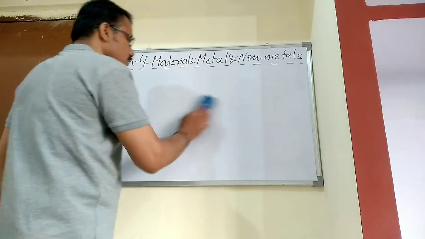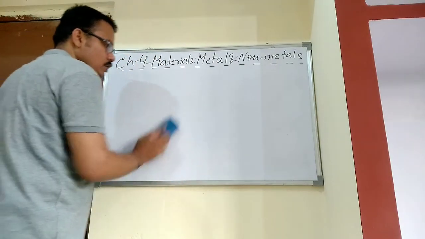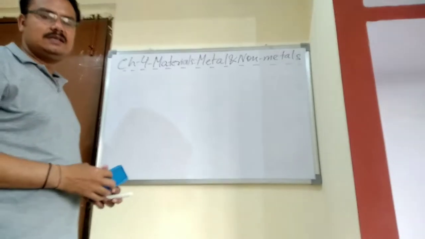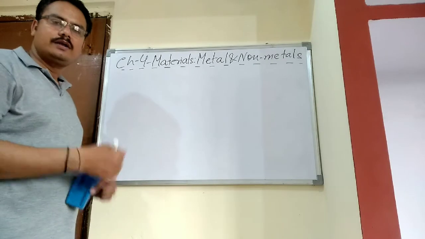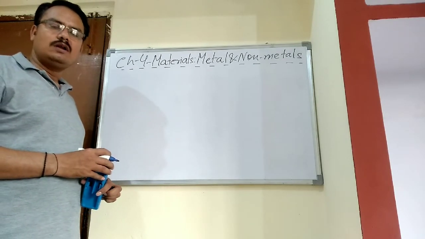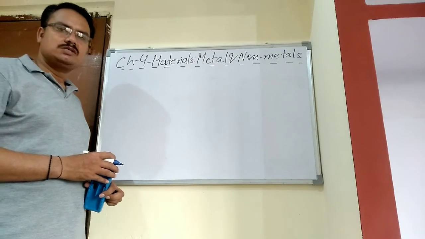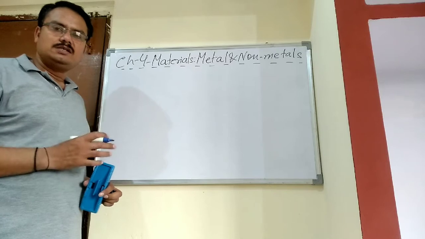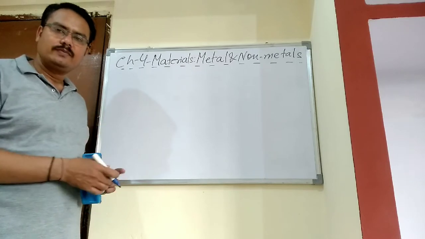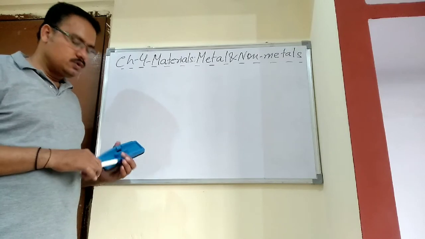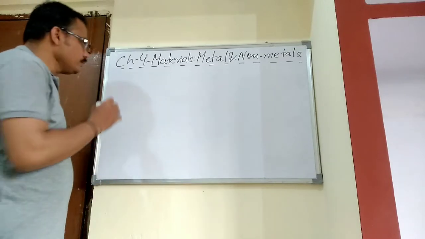Every year a huge amount of money is spent on changing iron articles to keep them safe and long lasting. The iron bridges and iron railway tracks are changed every year because of rusting, and there is a loss of money in doing so. So what is rusting? First let you know.